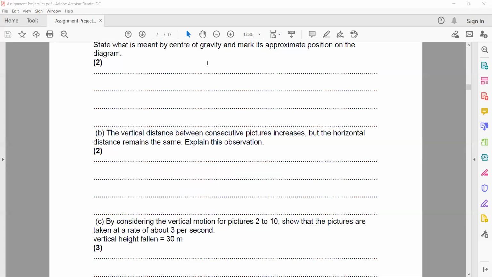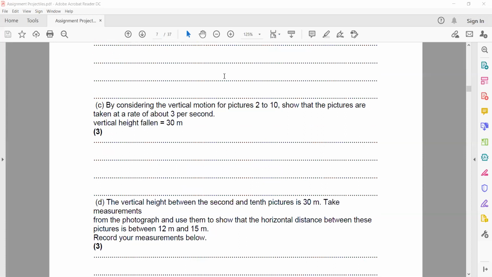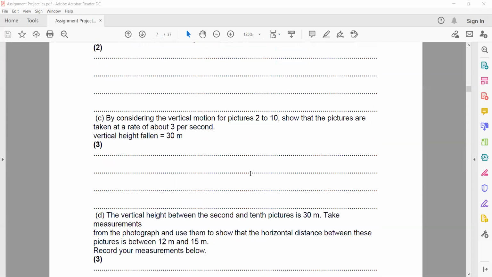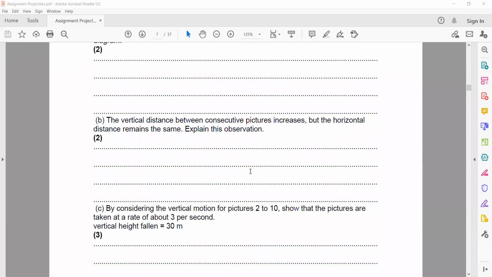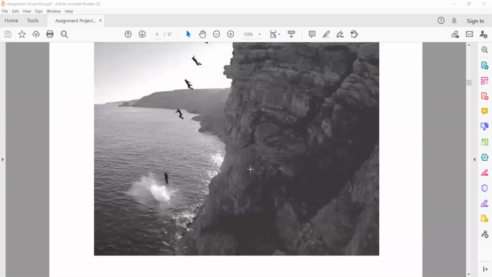Now in the next part, by considering the vertical motion of pictures 2 to 10, show that the pictures are taken at a rate of about 3 pictures per second. So how can we show it? The vertical height fallen is 30 meters, so basically we need a time.